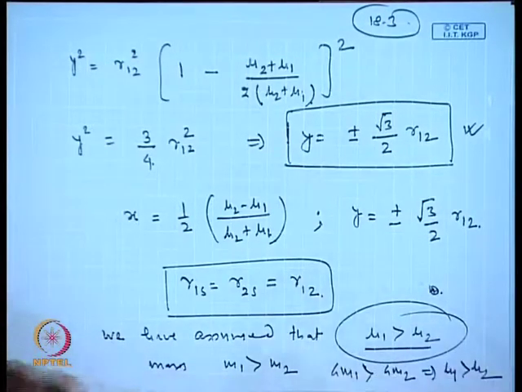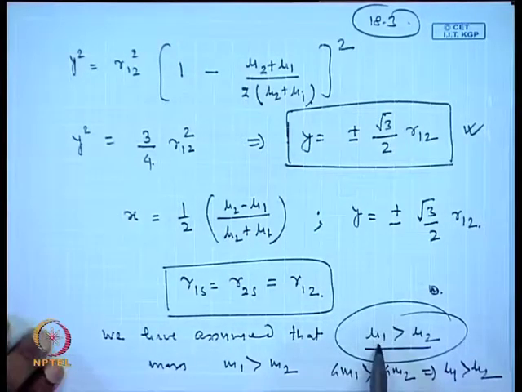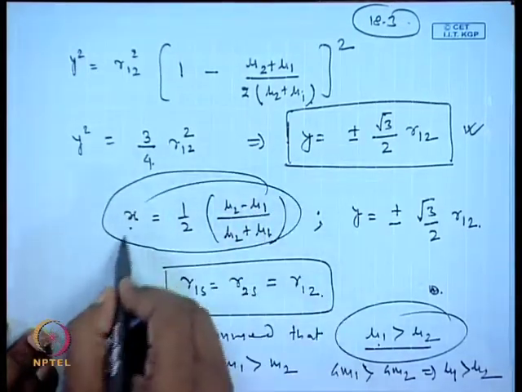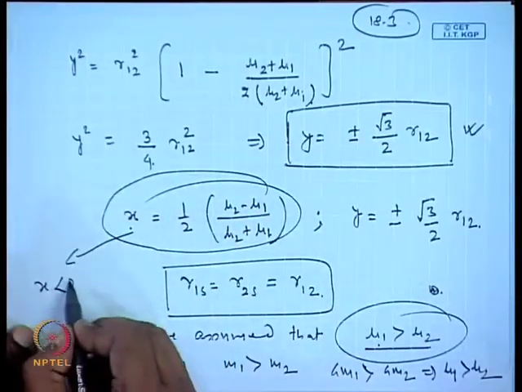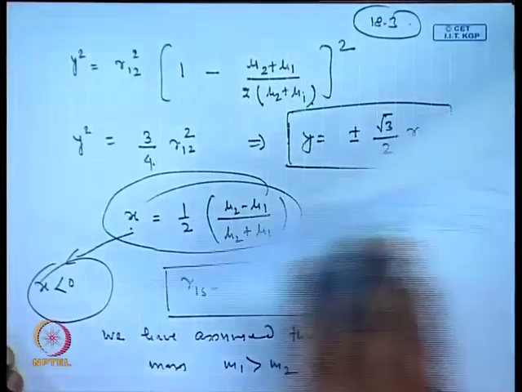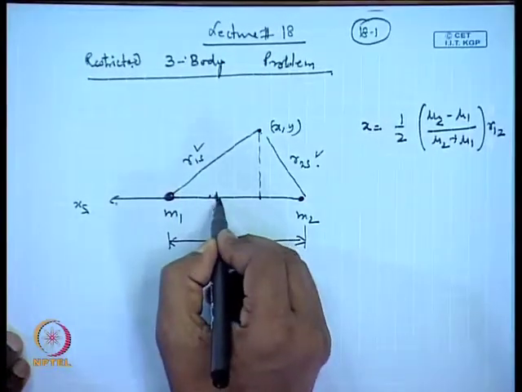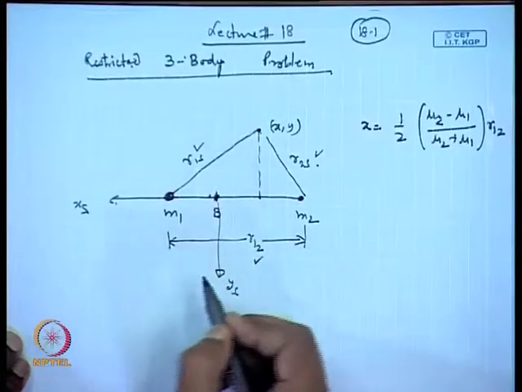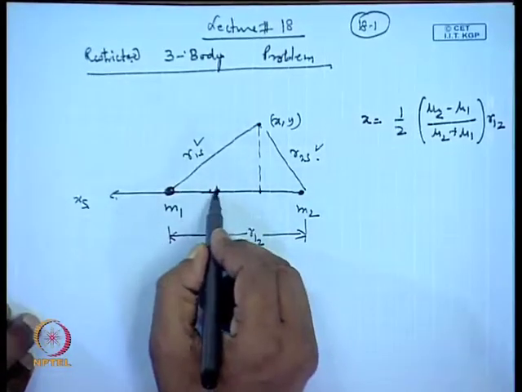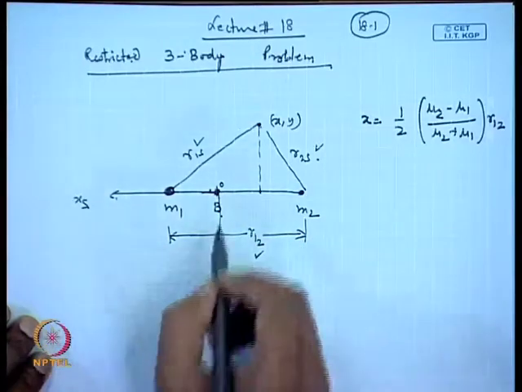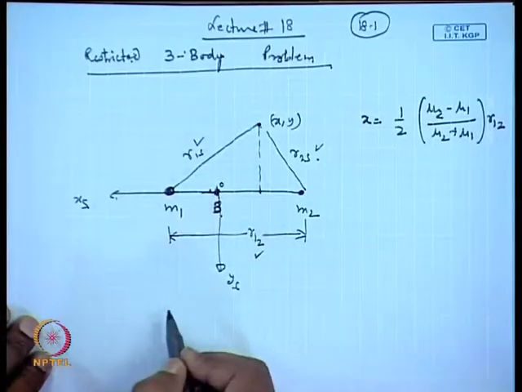We have already discussed all these things. So, from this equation we can directly see that x is less than 0, that is, x is negative. If we look into this figure, we are measuring the distances from this point, fixing a synodic reference frame here, where O is the origin of the synodic reference frame and B is the barycenter.